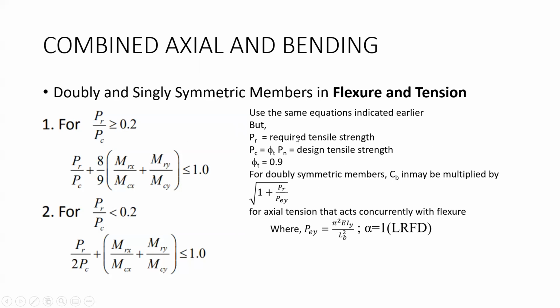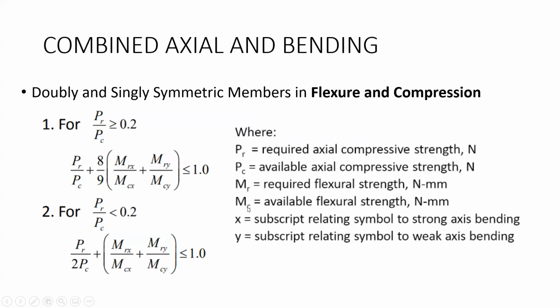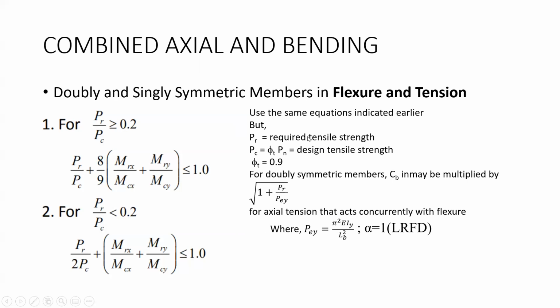So, pag tension naman, halos same na same ang gagamitin natin. Pero instead of compressive, dito, the flexural strength, ang gagamitin natin is the tensile strength. Ayan. So, ito. Ang difference na lang is this one. PR is now your tensile strength.